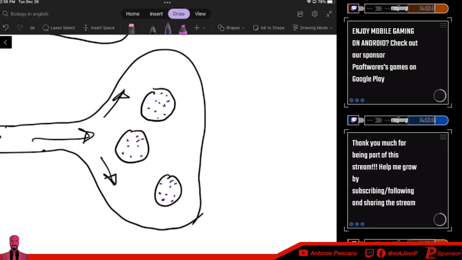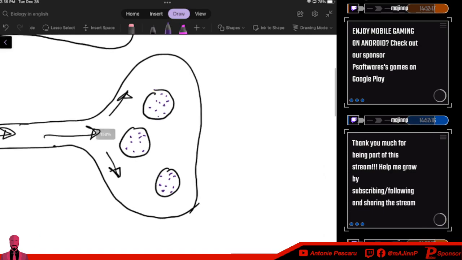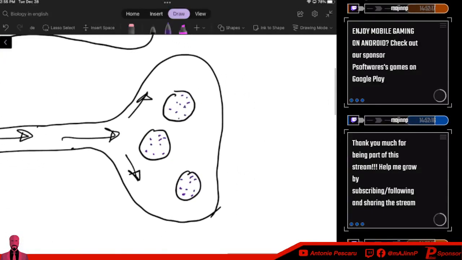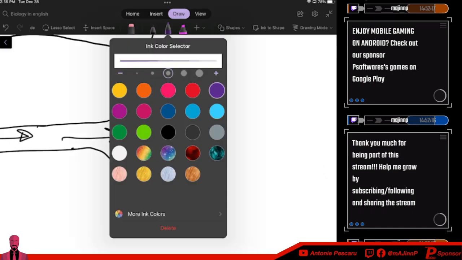And so, in order to have the release of these vesicles filled with neurotransmitters, what you want to do is basically have that action potential travel.